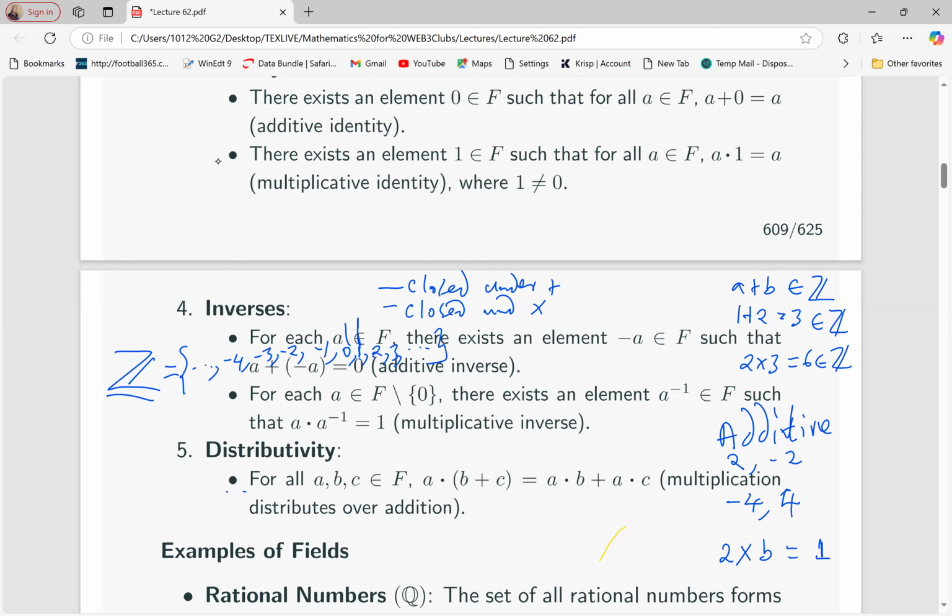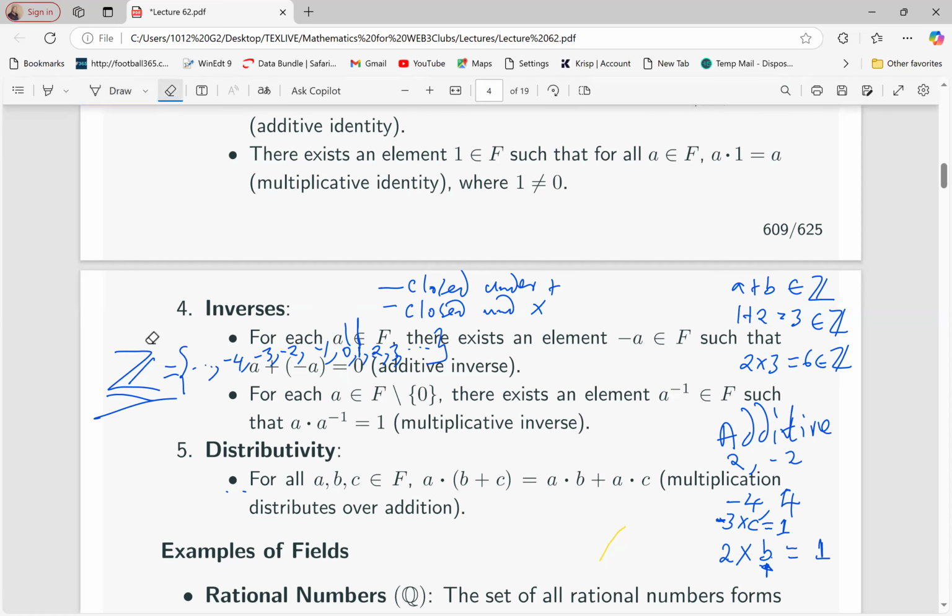That element is supposed to be the inverse of 2, but I cannot see it here. I also cannot see an element which, when multiplied by -3, gives you 1. So it means the set of integers, therefore, is not a field.